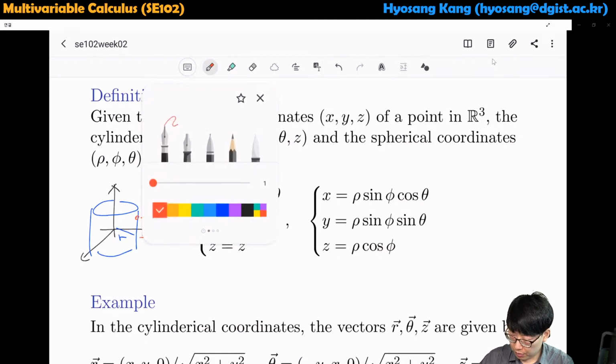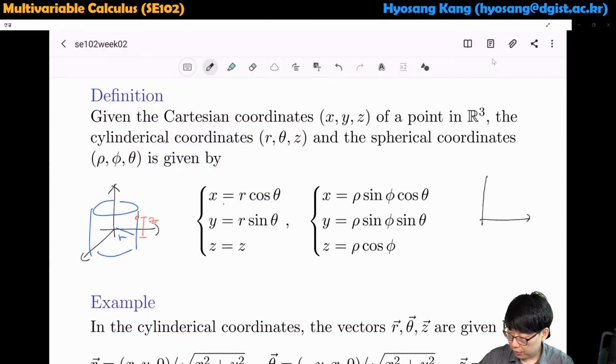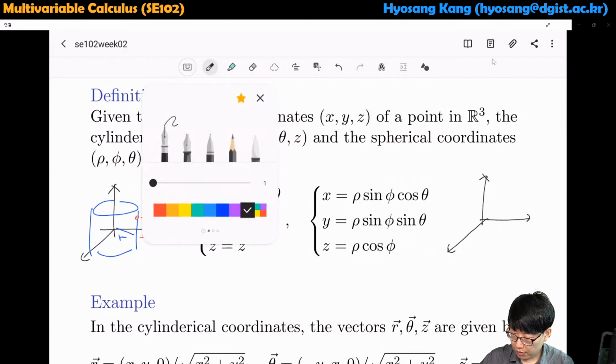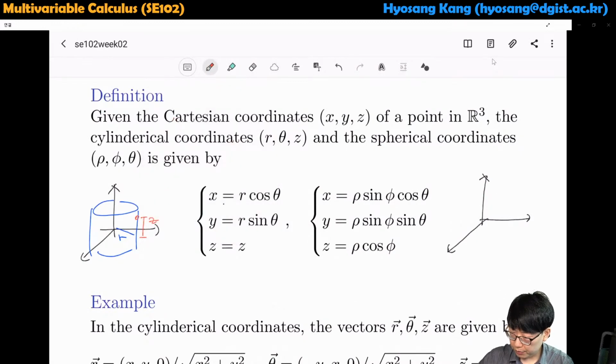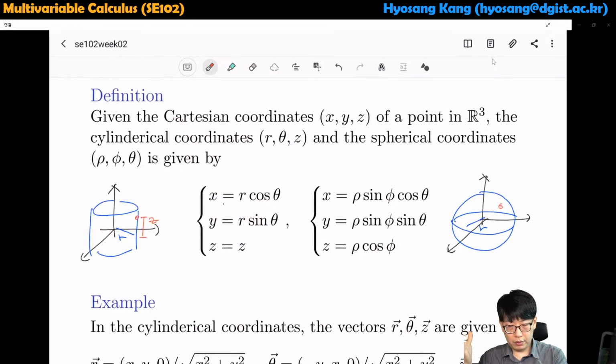How about the spherical coordinate system? The idea is that you want to put a point on a sphere of radius r. So let's put a sphere here, and let's say the sphere has radius r, and let's say we have a point here. To find the xyz coordinates, or the other way around, I need three variables. One measures the radius r, which is r here.